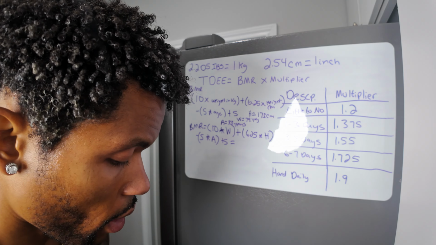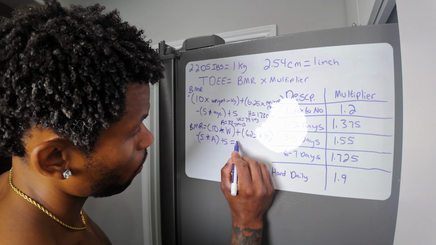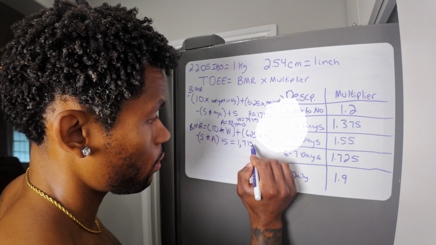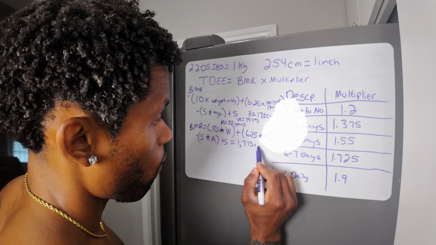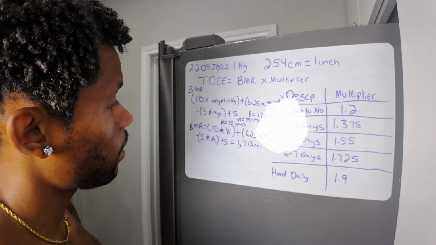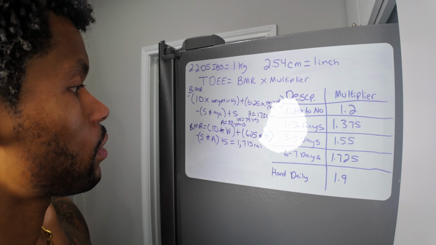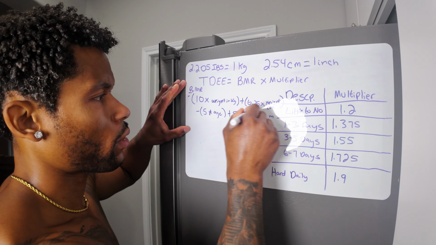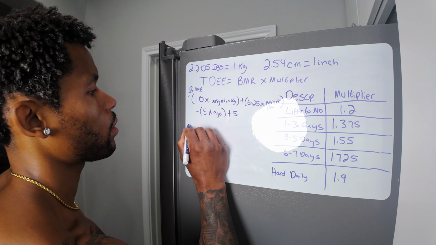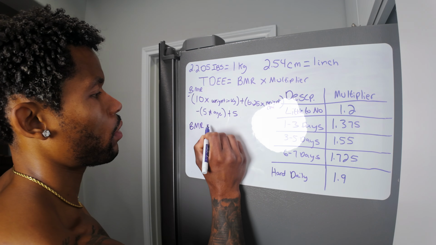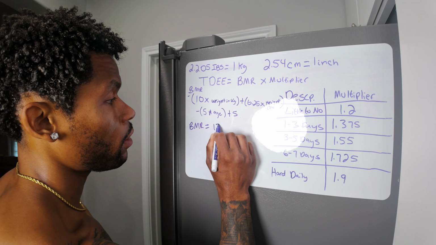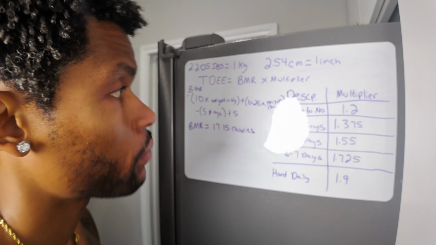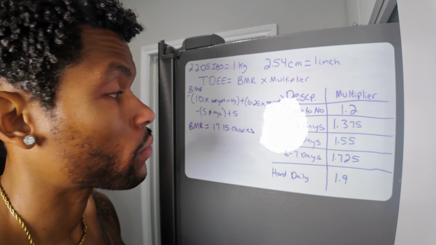All right, so my BMR is going to come out to be 1,715 calories. Cool. There's my BMR. So my BMR is going to equal 1715 calories.